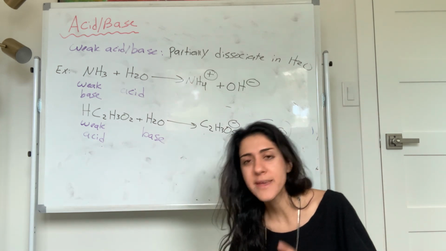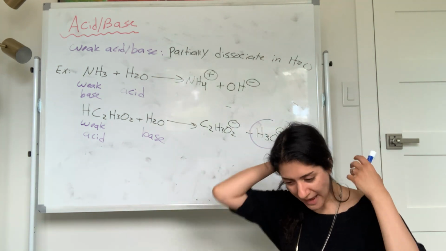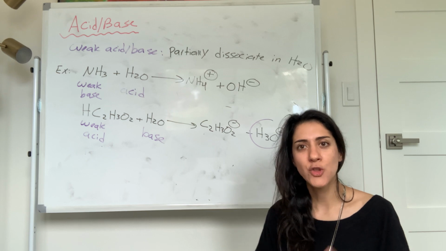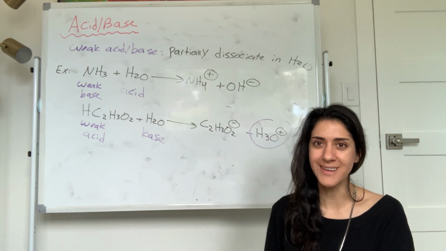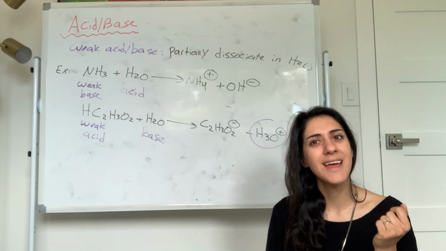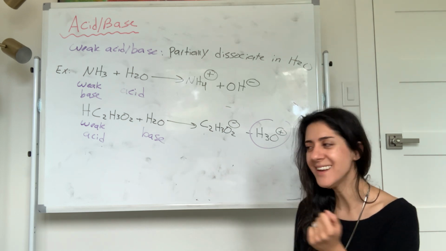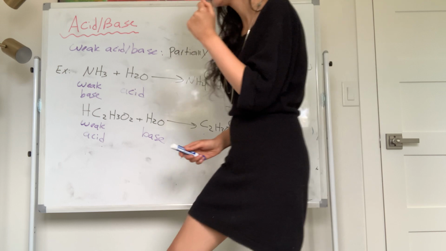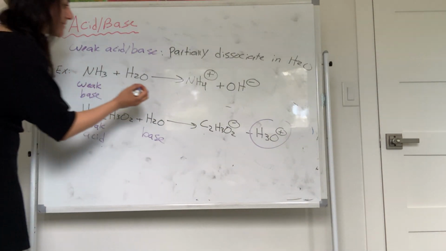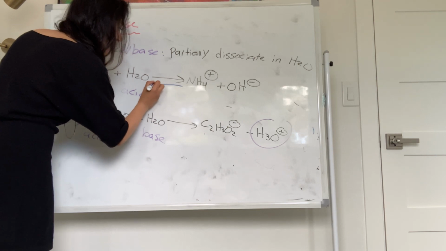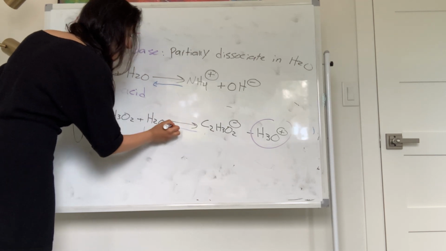Now, when you have a weak acid or base, not everything would dissociate. What you end up having is an equilibrium. So we have to draw equilibrium arrows.